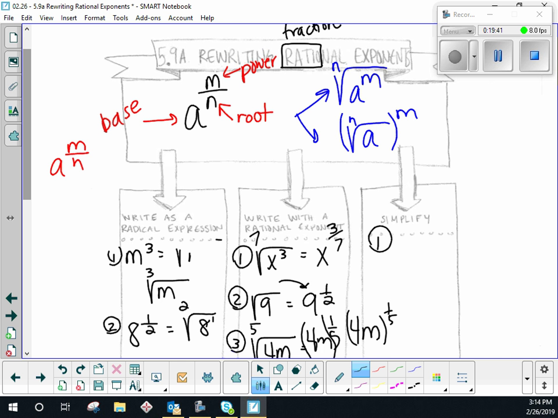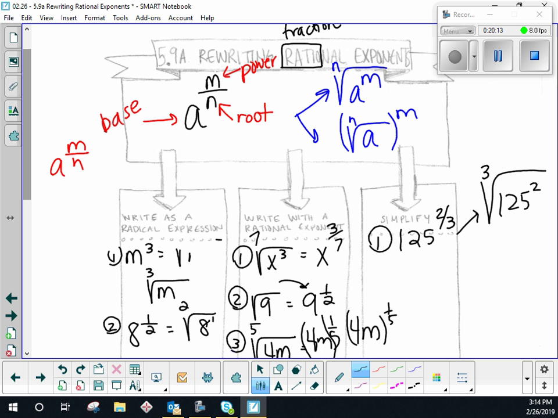All right. So here's an example for simplifying. Let's say we have 125 to the 2/3. Up here in the top part of your notes, I gave you 2 different ways of writing that. I'm going to show you those two ways now, and we're going to talk about which one we like better for the actual math. We can write this with the power first and the root second.